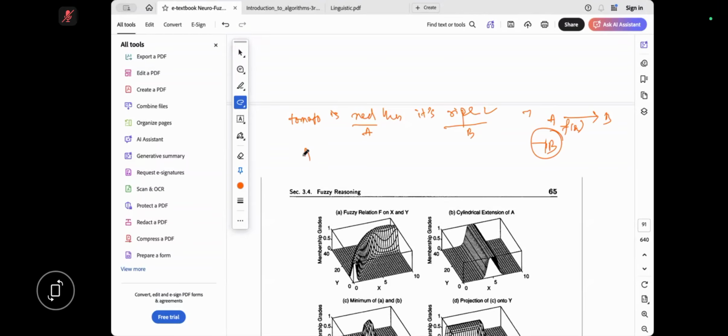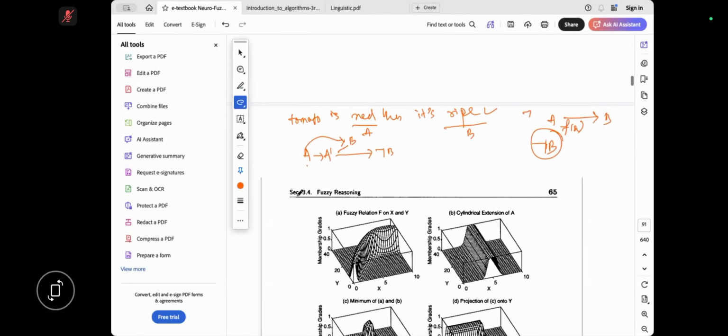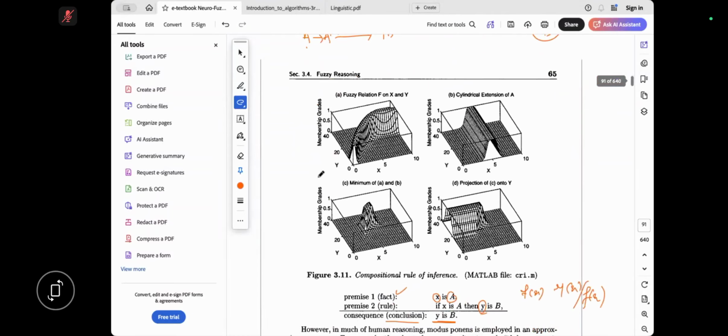So if I know A and A dash, then I can map A to A dash. If from A I can get B, then from A dash, with the combination, I'll generate B dash. Are you following my point? Yes, sir.